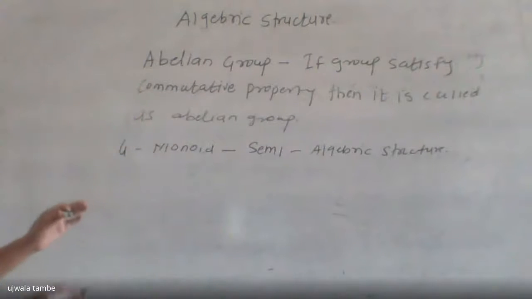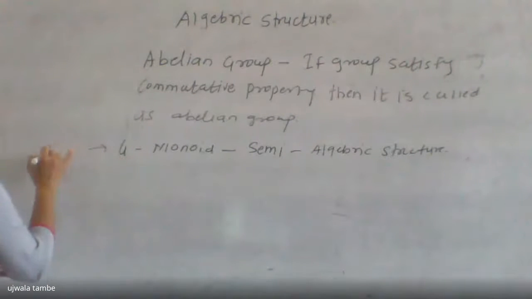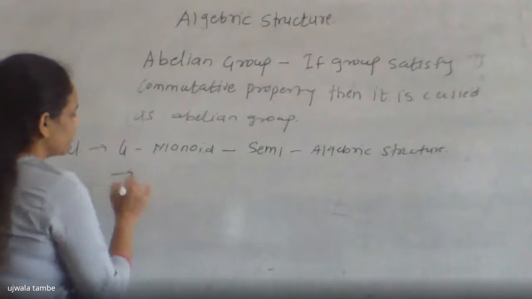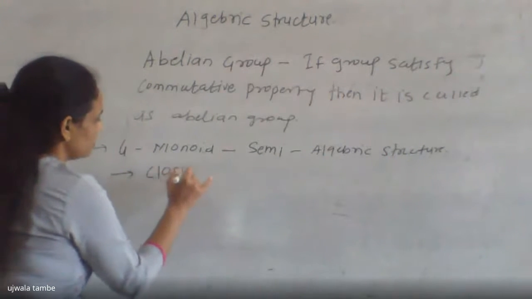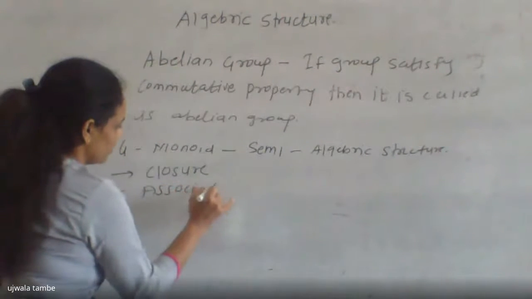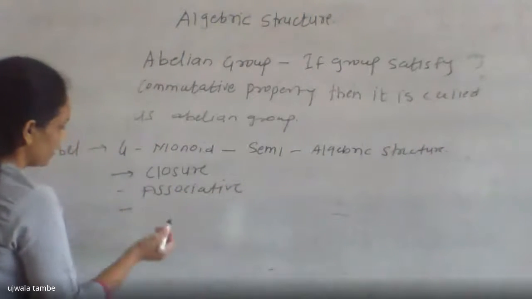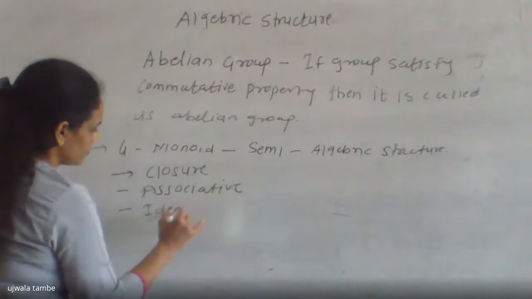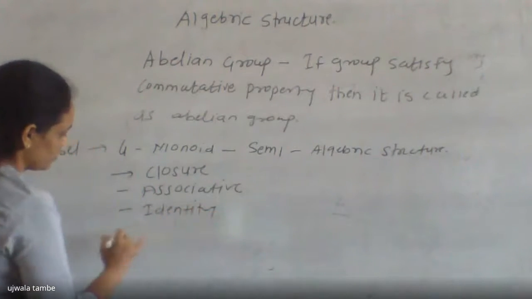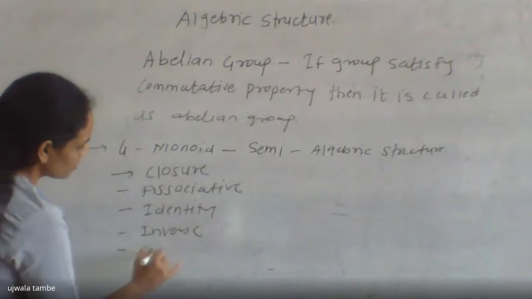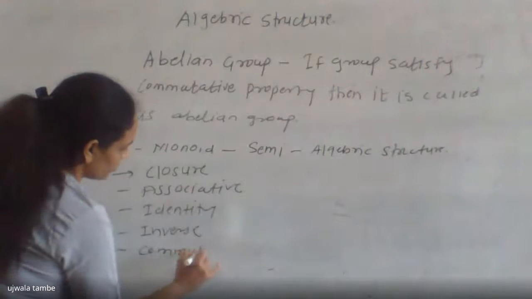So for the abelian group, we have to check the properties. So first is closure, then associative, then identity, then inverse, and at the last we have to check commutative.